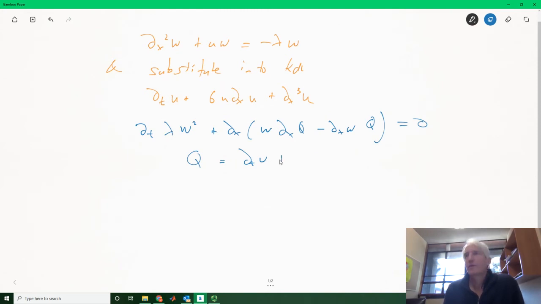Doesn't matter too much what q is about, because it's not the q part we're interested in. You can imagine that this is just a matter of grinding through all these expressions, substituting this expression in here. What that tells us though is that this is a conservation law.